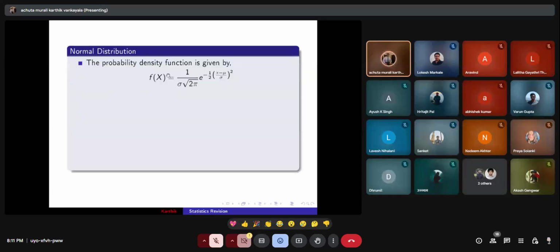The probability density function for normal distribution, or Gaussian distribution, is defined by f of x, where x is the random variable, that is 1 by sigma root 2 pi, e power minus half, x minus mu by sigma, whole square, where sigma is the population standard deviation and mu is the population mean.